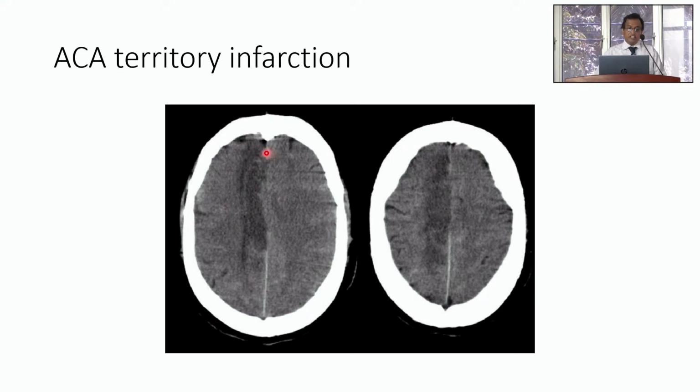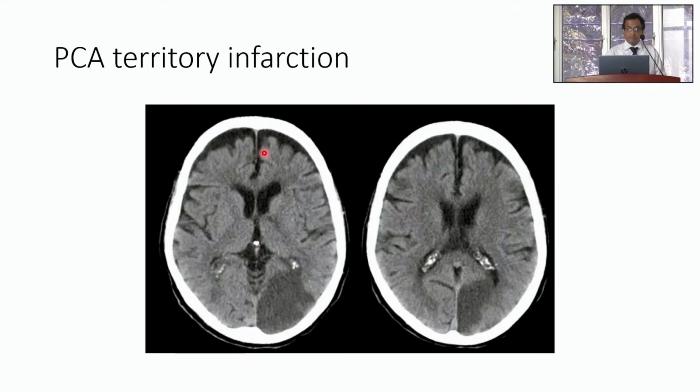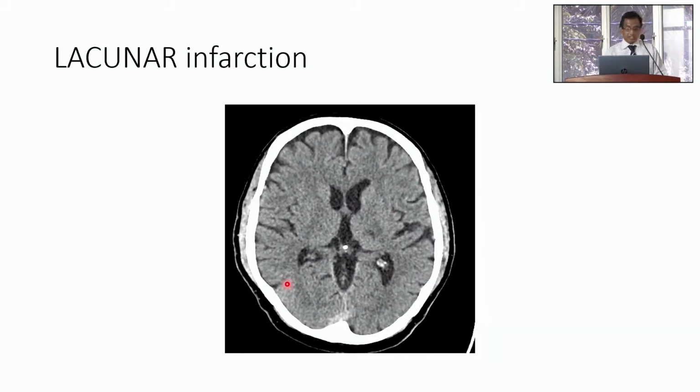This is due to a right anterior cerebral artery territory infarction. Here we can see similar changes in the left posterior parietal and occipital region, compatible with a left posterior cerebral artery territory infarction. Here you can see a hypodense area in the region of the posterior limb of the internal capsule and the basal ganglia. This is due to a lacunar infarction.